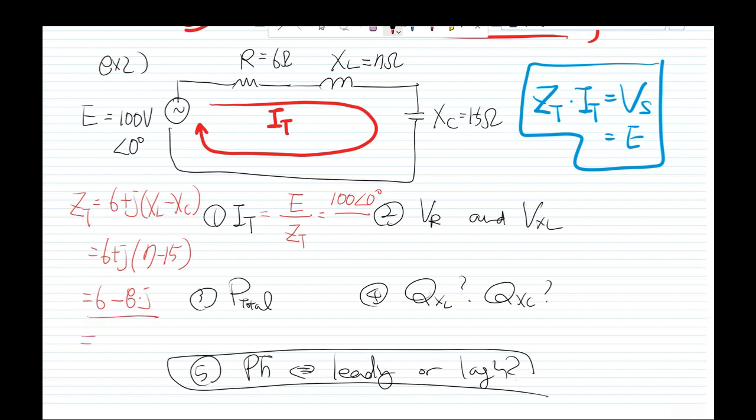We convert from rectangular to polar form, because it's easier to calculate in the numerator and denominator. 6 minus 8j is 10 ohm at an angle of minus 53.13 degrees.